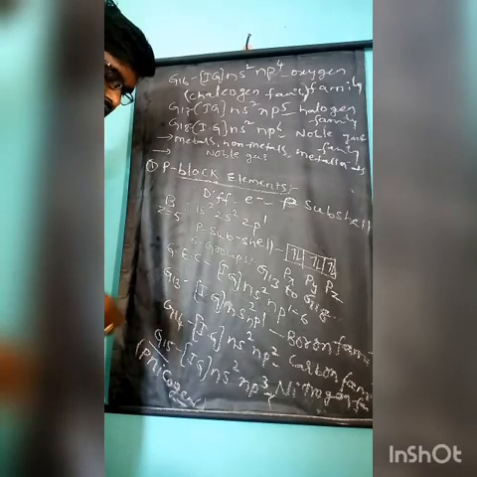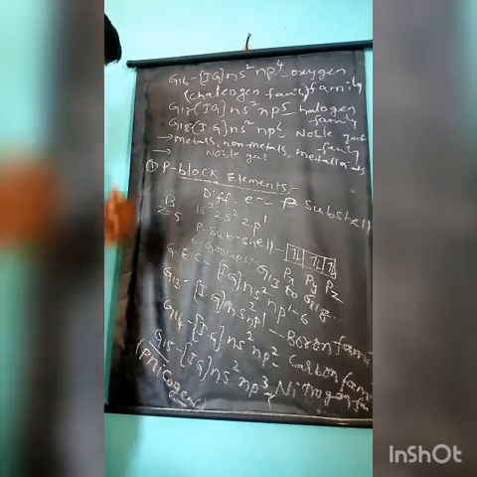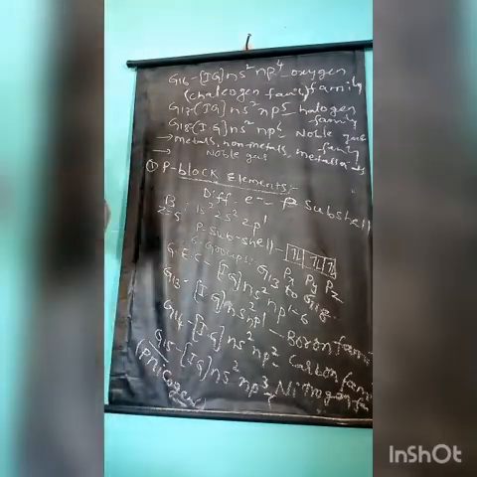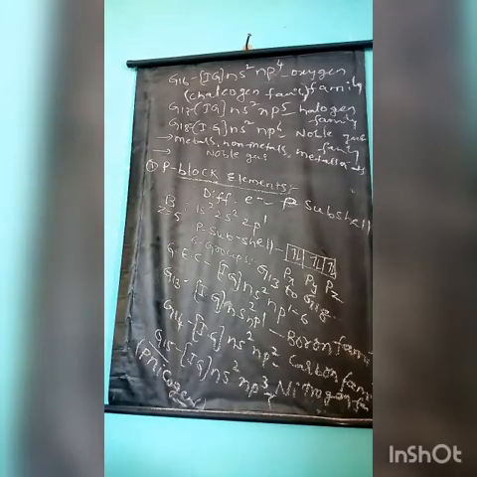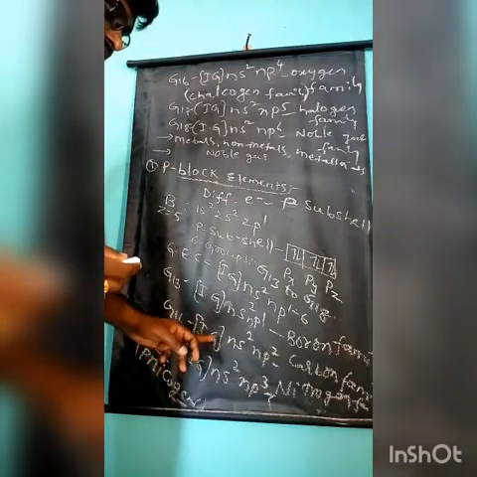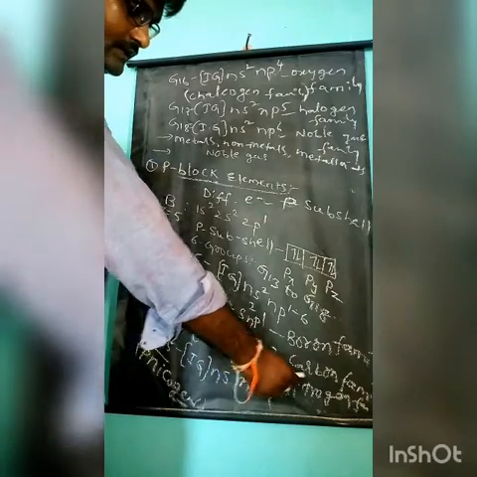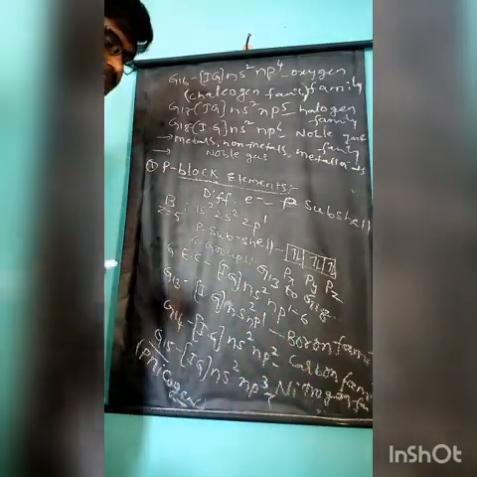Next, the general electronic configuration of the G14 group is inert gas ns2 np2, called the carbon family.